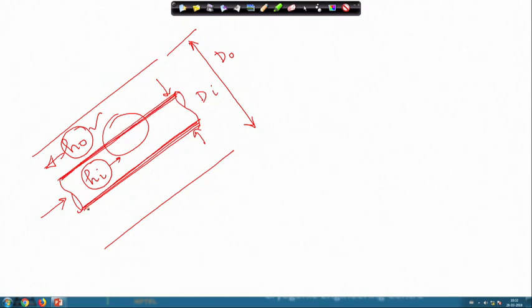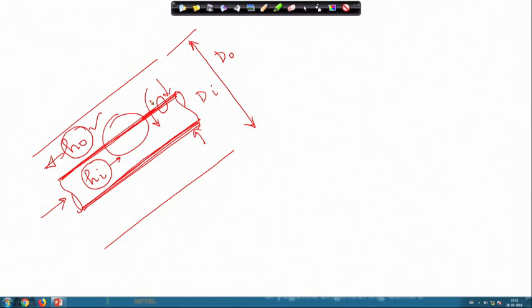This internal surface area is the area which is involved where this heat is getting transferred from the hot fluid to the cold fluid. And please remember that we have neglected the thickness of this internal tube, so that the heat transfer resistance offered by this wall is negligible.